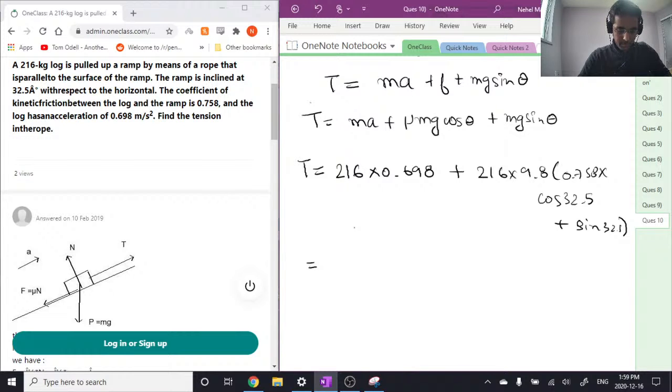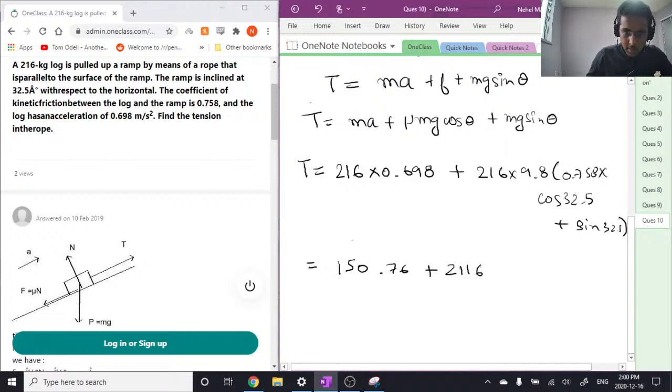216 times 0.698 is 150.76, so that's the first term, plus 216 times 9.8 gives us 2116.8, and then the value inside, 0.758 times cos of 32.5 plus sine of 32.5, gives us 1.17.